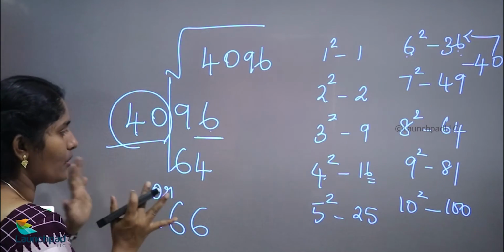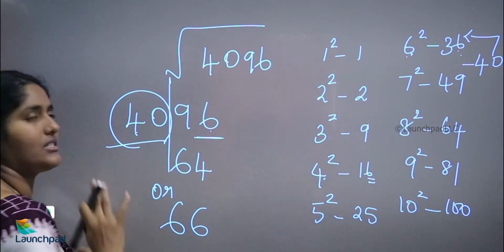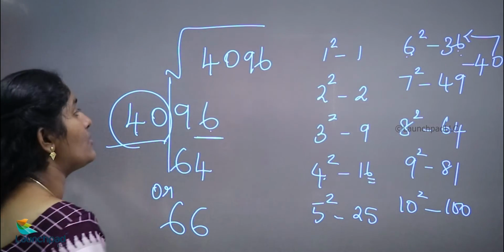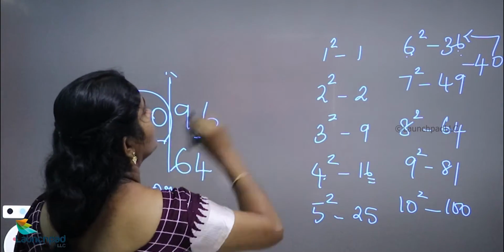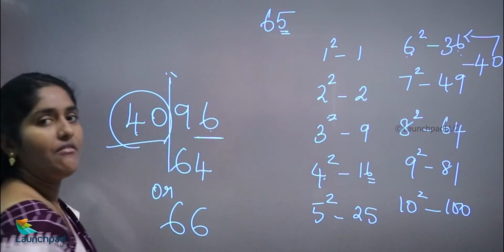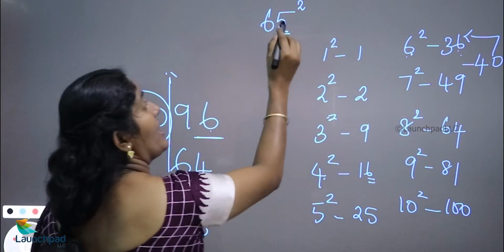So now we are close to the result, either 64 or 66. Which is your middle value here? 65. A number which ends with 5 is very easy to calculate the square value.